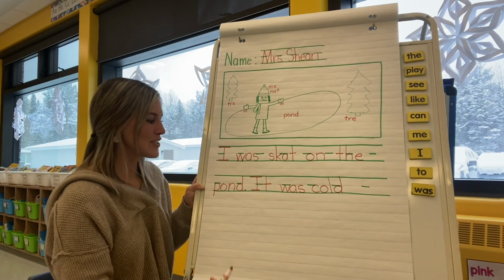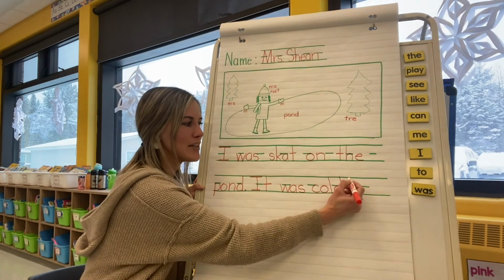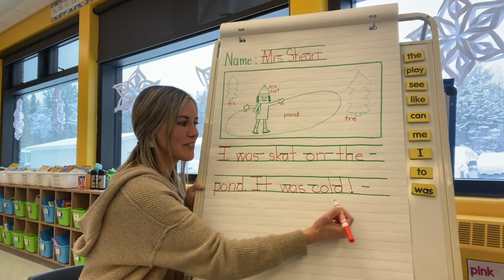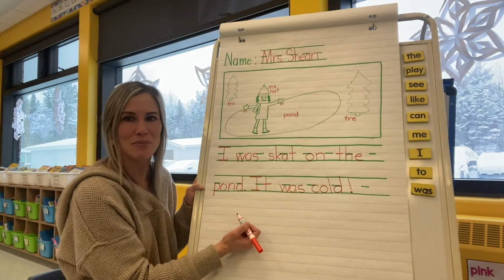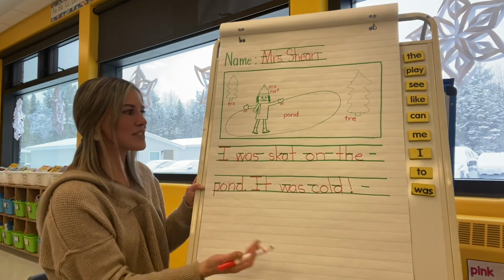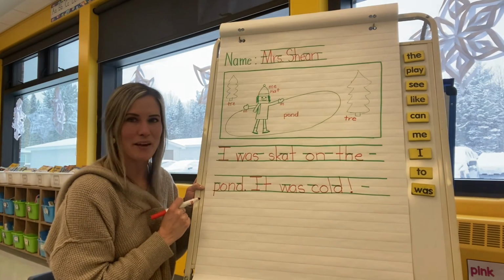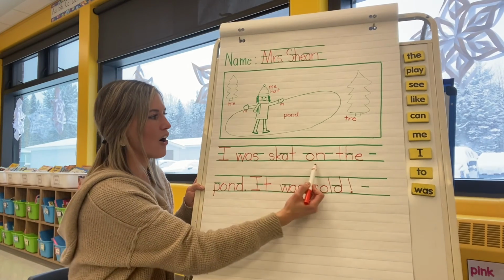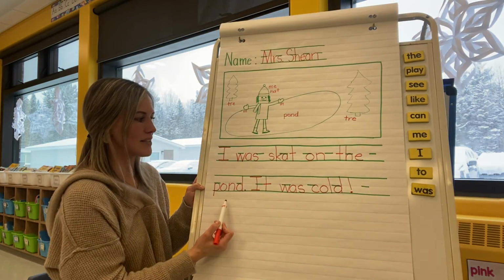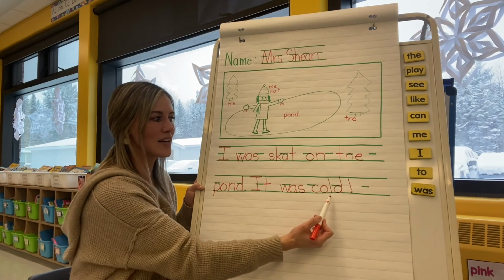It is. So I know some of you are enjoying using exclamation marks when you're writing. So I think I'm going to end the sentence this time with an exclamation mark at the end. So let's go back and reread all together what we have so far. I was skating on the pond. It was cold.